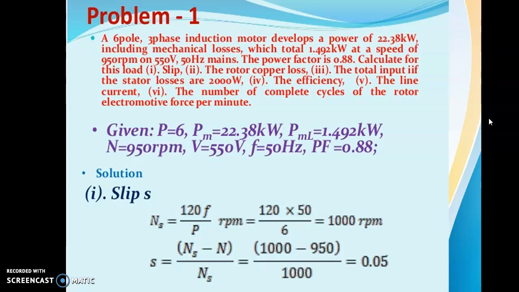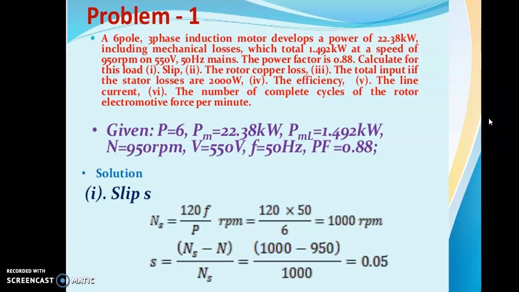Calculate for this load the slip, the rotor copper loss, the total input if the stator losses are 2000 watt, the efficiency, the line current, and lastly the number of complete cycles of the rotor electromotive force per minute.